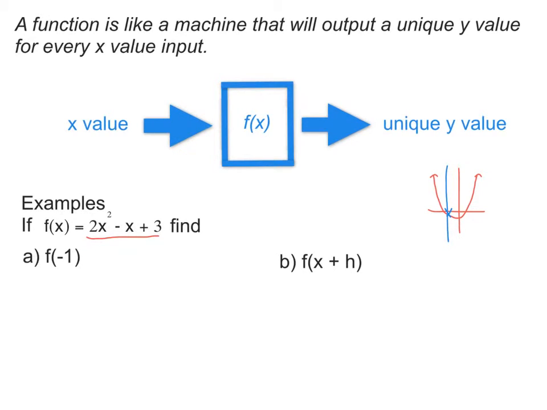The notation used here in our example is asking us to find the function's value when x is equal to -1 and the function's value when x is equal to x plus h. By inputting our given x values into our equation, we will obtain the unique y value that matches it in its coordinate.